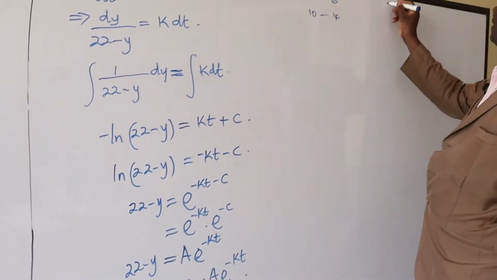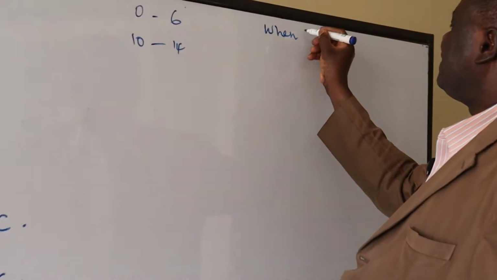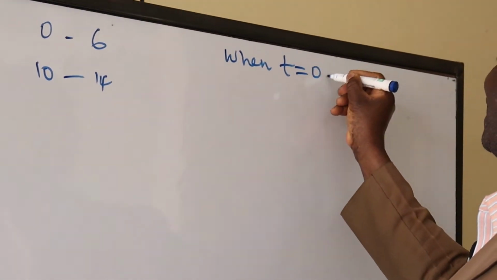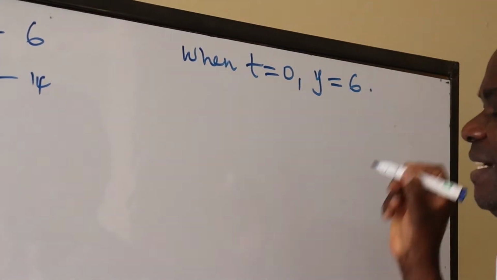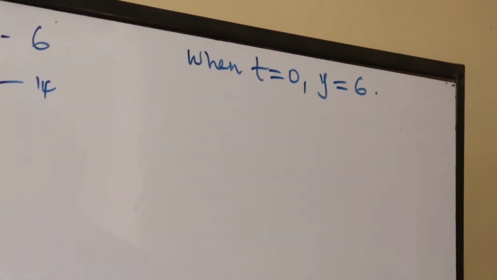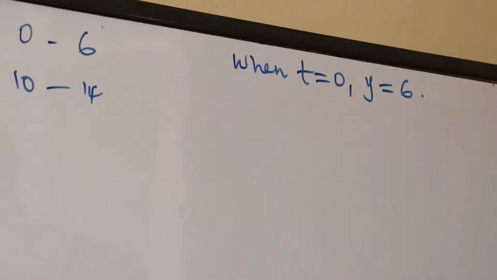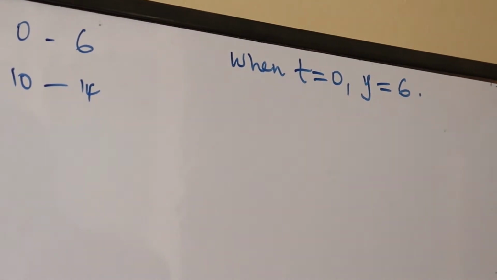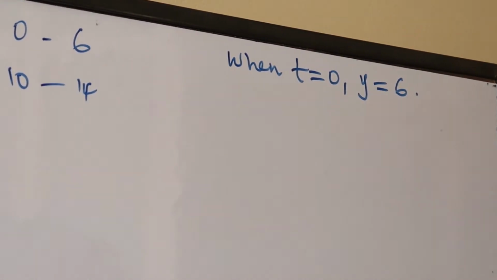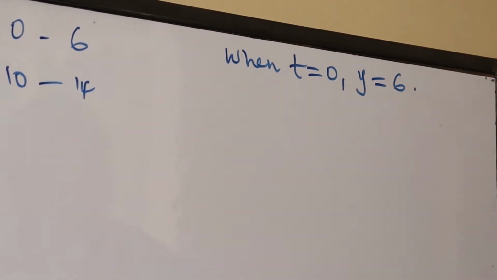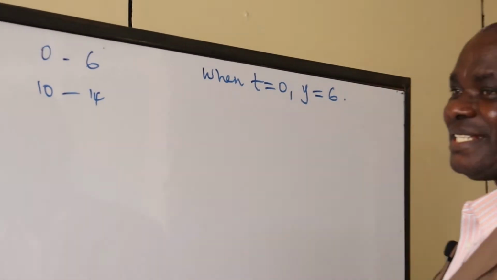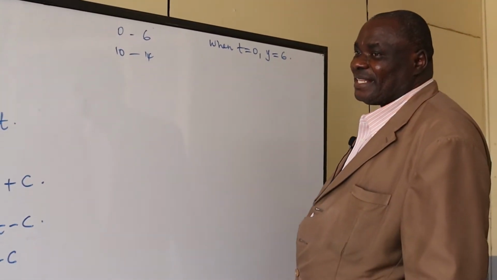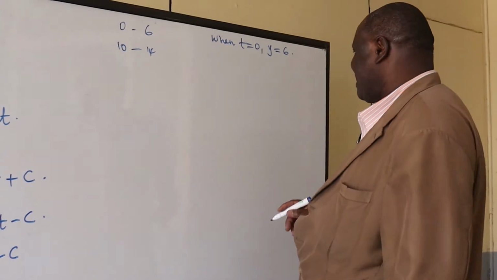So we say when t is equal to 0, y was equal to 6, because the bottle of soda was at a temperature of 6 degrees when we started the process of the soda gaining some heat.